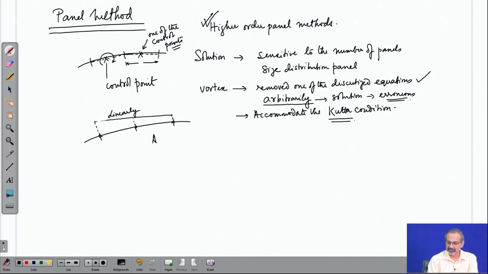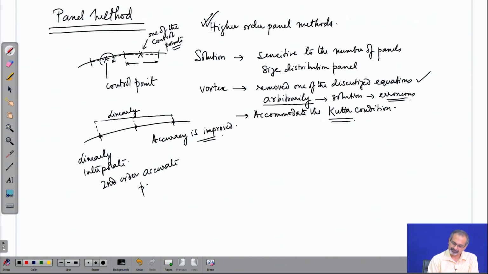So, usually the accuracy is improved. So, when you linearly interpolate, you are using a second order accurate panel method.